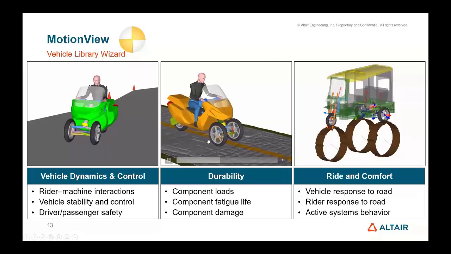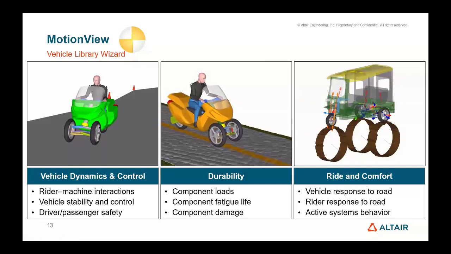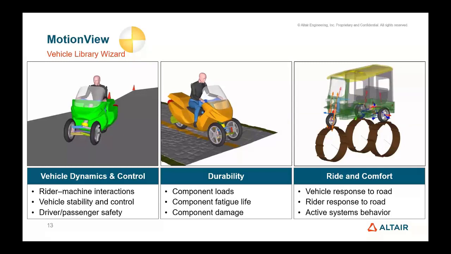So if you're driving over pave, or an unsteady surface, you can look at the component loads, the component fatigue life, and any damage that occurs. You can also look at the ride and comfort of your vehicles, so the vehicle response to the road and your rider response to the road as well. You can also bring in any sort of active systems behavior.